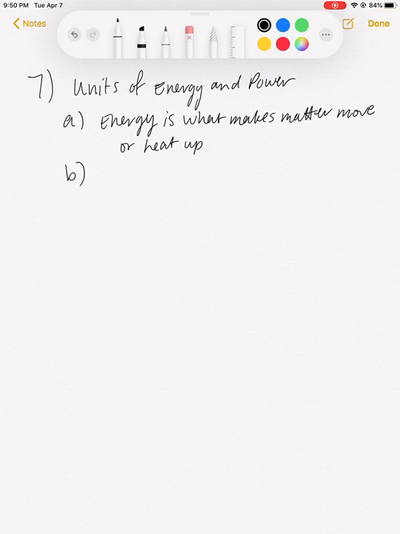What is a calorie? A calorie, capital C, is a measure of energy our bodies draw from food.